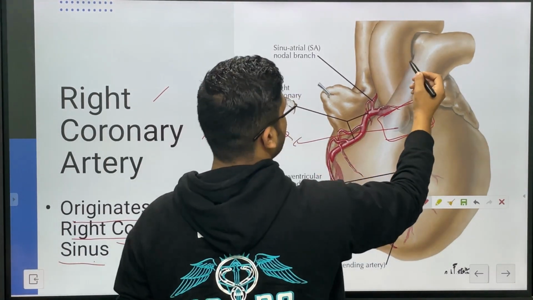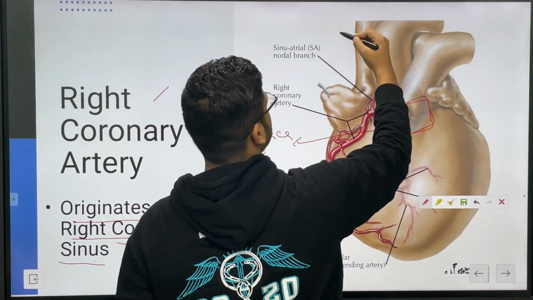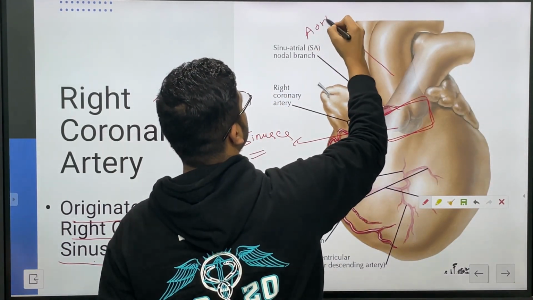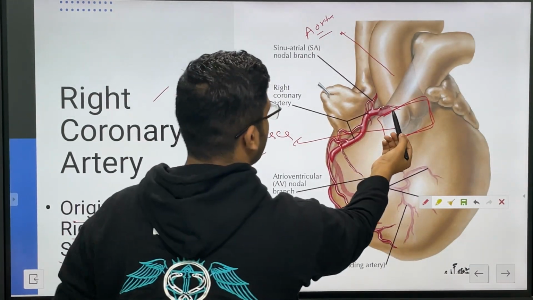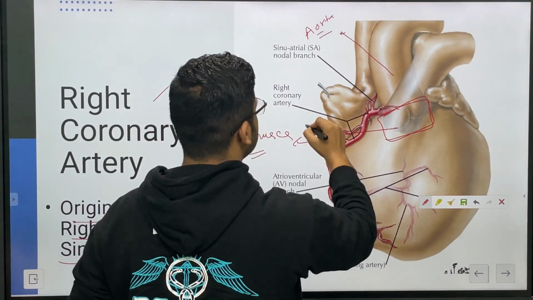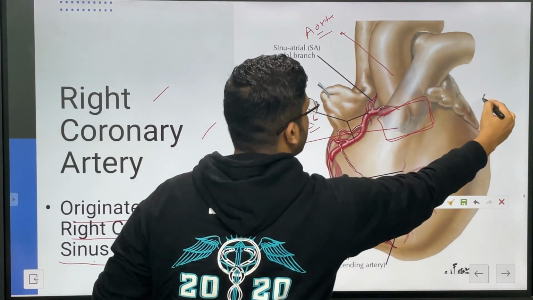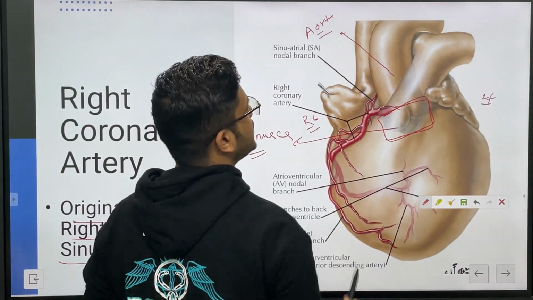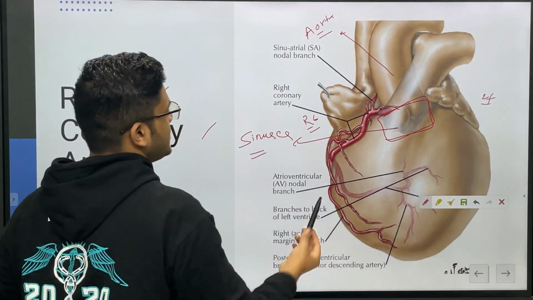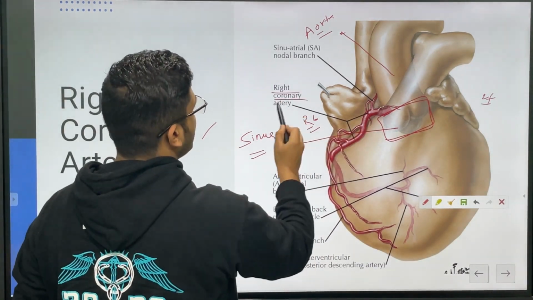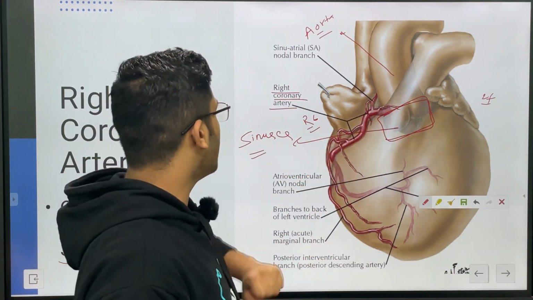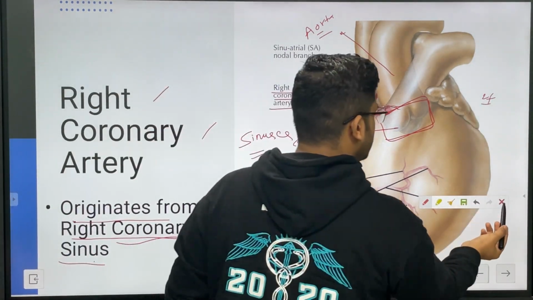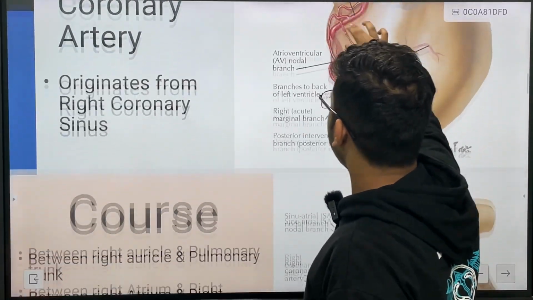This is your aorta. So in the aorta we can see three sinuses, and this is the right side and this is the left side, and the artery which is coming from the right coronary sinus is your right coronary artery. So is this clear? This is your right coronary artery. We will discuss this artery in the next slide.